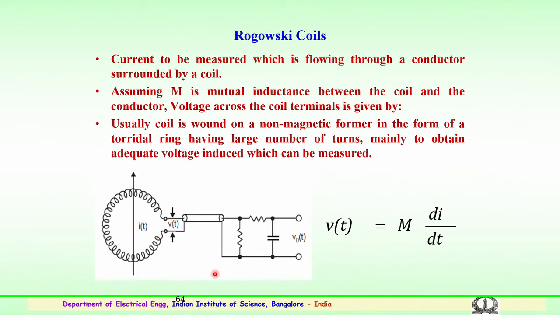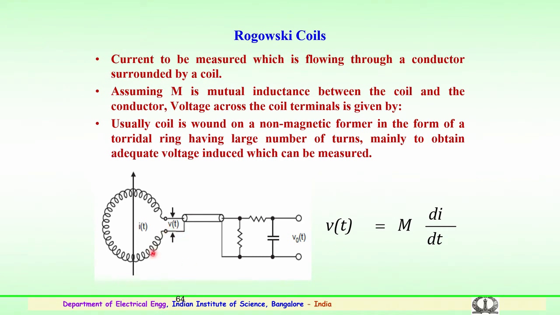Assuming M is the mutual inductance between the coil and the conductor, the voltage across the coil terminal is given by Vt equal to M, the mutual inductance, into di by dt. Usually the coil is wound on a non-magnetic former in the form of a ring.